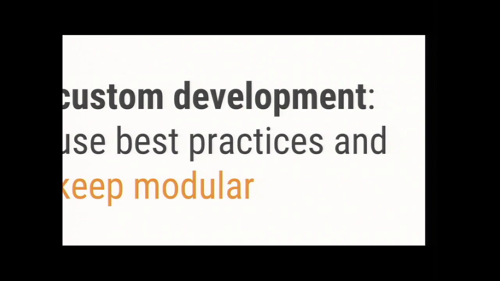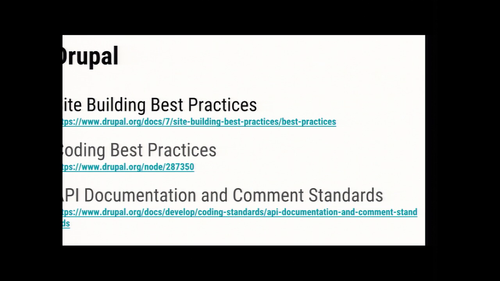And for our custom code, we embraced so-called best practices. We reused components and wrote them for reuse. We documented the components we did write. We adhered to coding standards and encouraged our team to write maintainable code. So for PHP coding standards, we live by the Drupal standards.